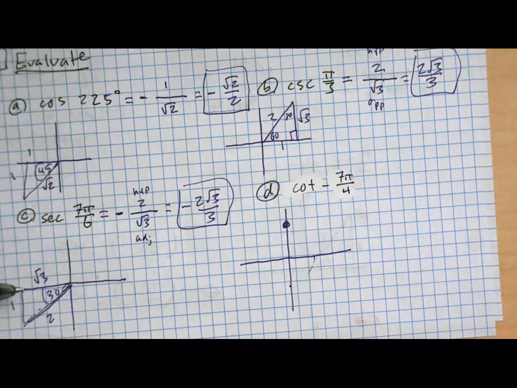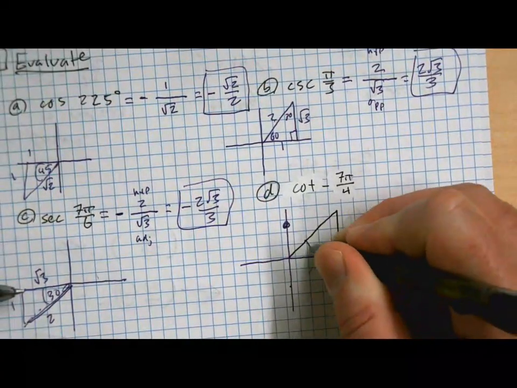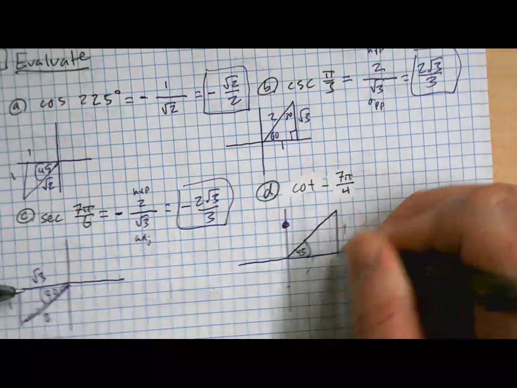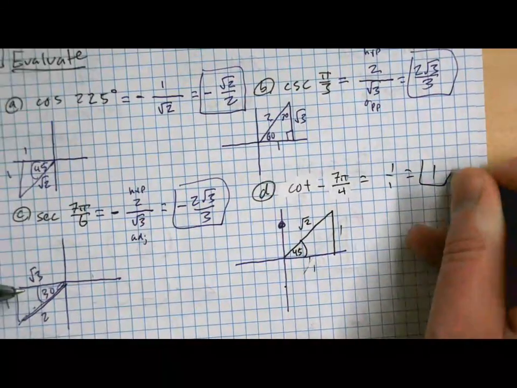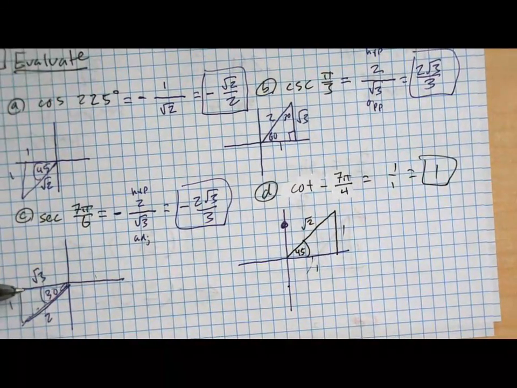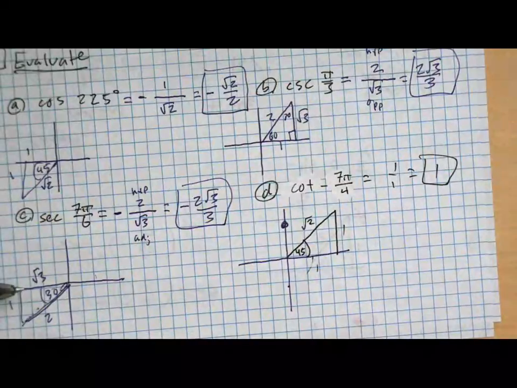That's 315. Should be here. Please ask a question if you're unsure how to do these.